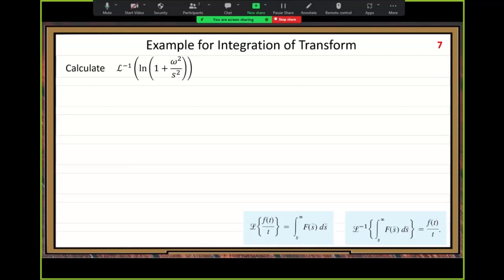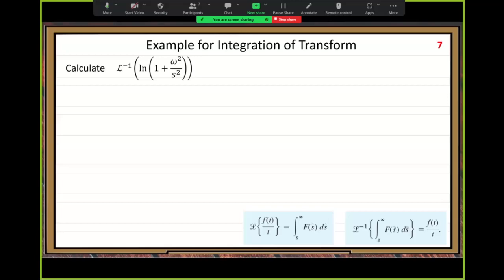In our basic formulas, do we have the natural log? We haven't seen any natural log in our basic formulas. But we know if you take a derivative of the natural log function, then the natural log is gone. So you would like to take the derivative.